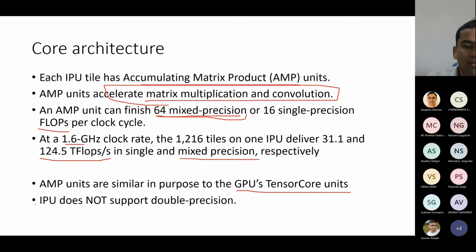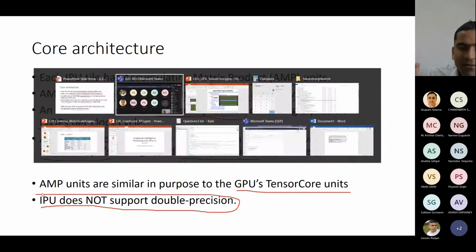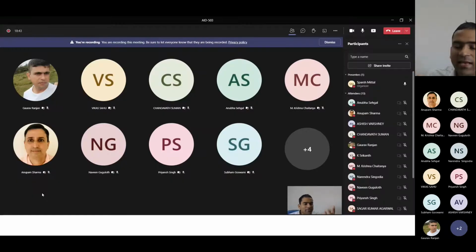Another thing is IPU does not support double precision, and that is not even required, right? In deep learning, we have not seen any accelerator which supports double precision. I mentioned it explicitly, but we never bothered about double precision. We only bothered about single precision, half precision, and so on.